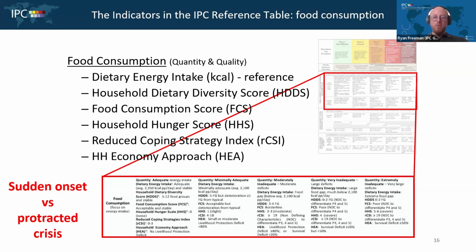Think of after an earthquake. It may be very difficult to get firsthand data from the ground in all of the earthquake affected areas. However, if you have enough information to update your baseline based off a shock, this is a valuable way of looking at these particular approaches to acute food insecurity.